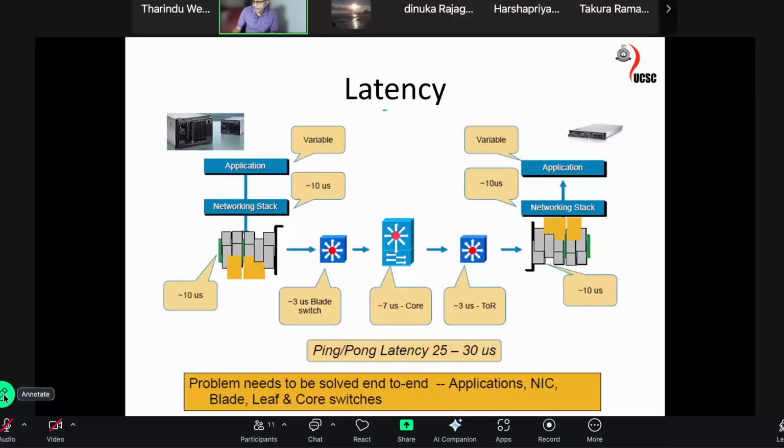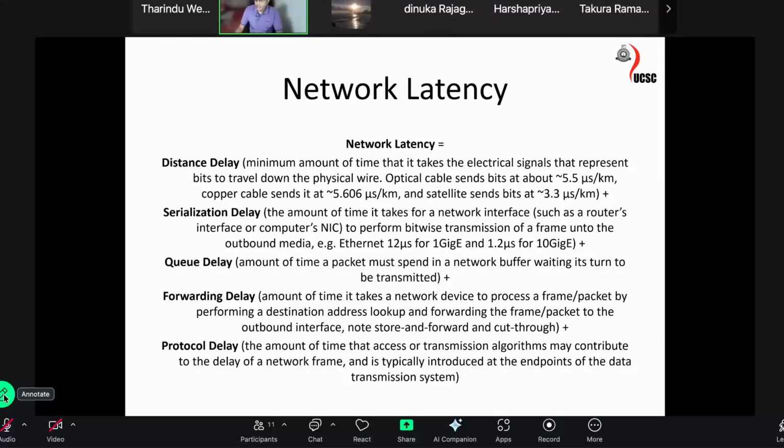It is not sufficient to reduce only the switch latency, or the kernel TCP/IP latency, or the network card latency. You need to reduce all the latencies if you want to reduce the overall latency. That's where we started with this diagram. So let's see how we can do it. We need to understand the components of network latency as separate segments.